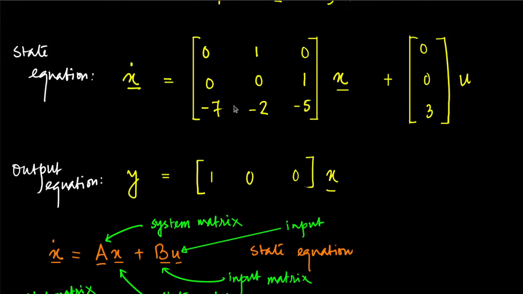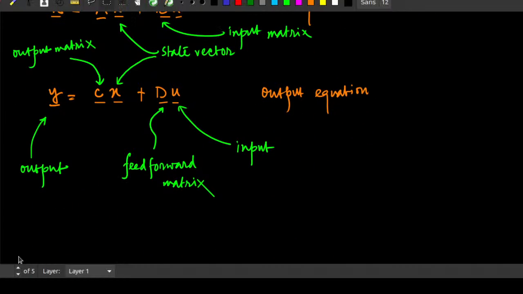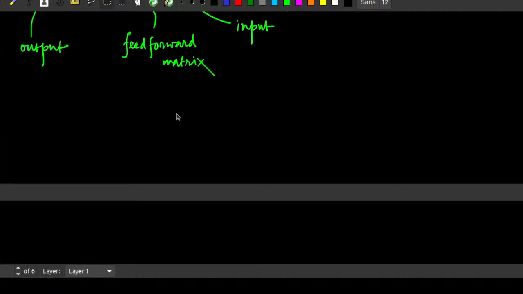So if we know these matrices A, B, C, D, that would describe the state space model accurately, exactly, right? So when you are actually using a computer program, we are going to do that in one of our future classes. There you describe the system by just defining the matrices A, B, C, and D. Once you define the matrices, you have the system present with you.